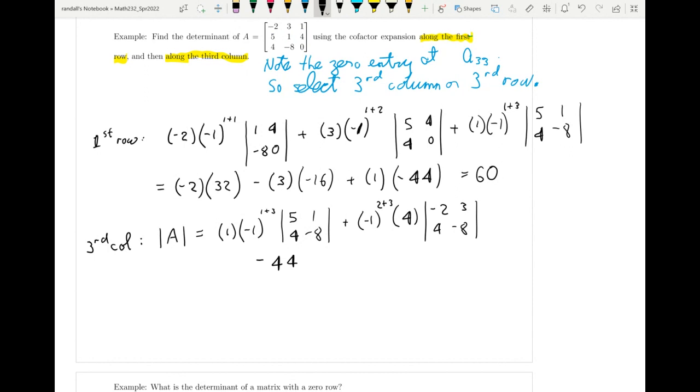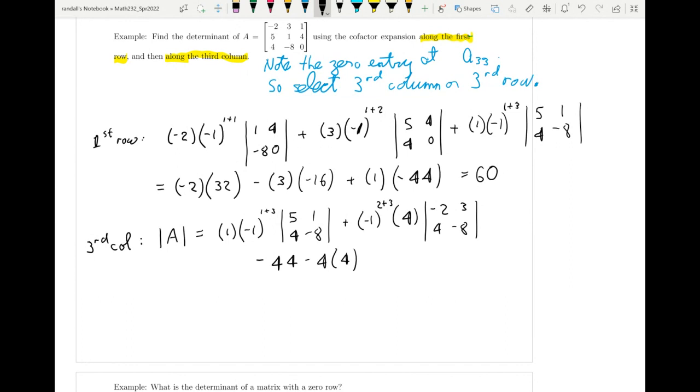And the minor is, sorry, just 4, right? So 16 minus 12. Okay, so it's 4. So -4 times 4.